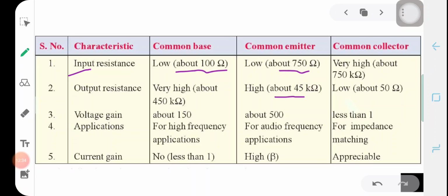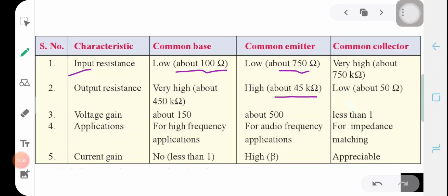It comes around 40 to 50 kilo ohms. But the common collector connection will have a very low output resistance, only of the order of 50 ohms. It varies from 25 to 50 ohms in the case of a common collector connection.